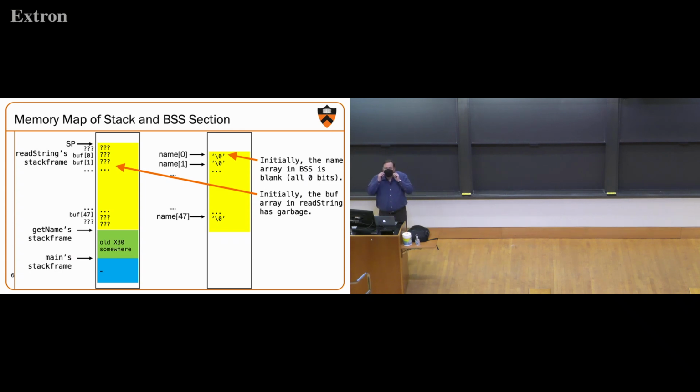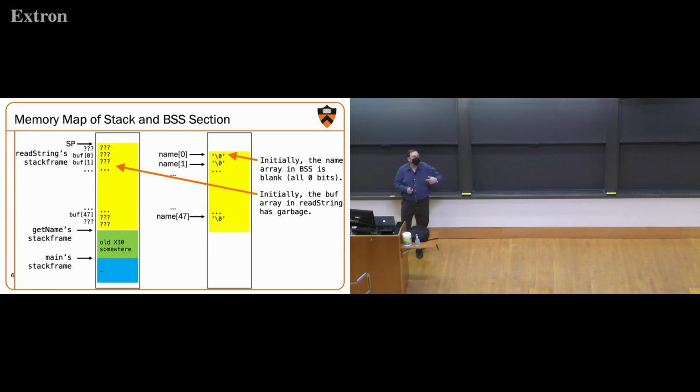So let's look at how all of this is going to shape up, how memory is going to lay out. Here we're looking at memory maps of the stack section on the left and the BSS section on the right. In the stack, we have a variety of different stack frames. Lowest on the stack, that is at highest memory addresses, we have the stack frame corresponding to main.